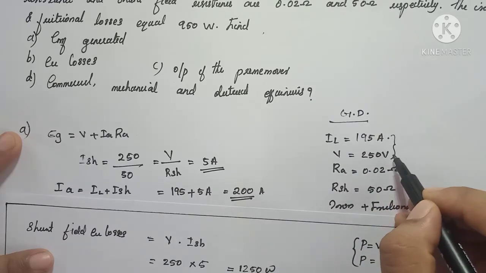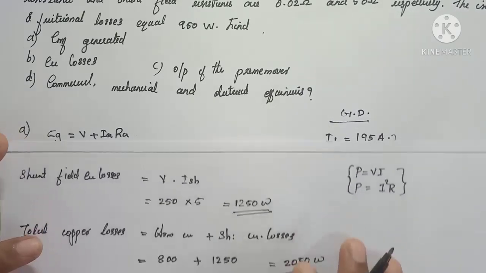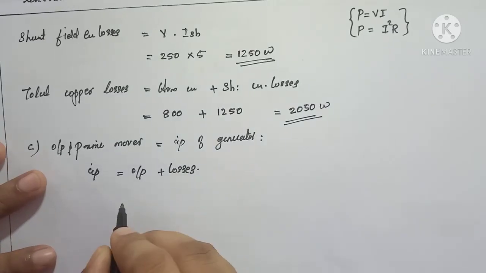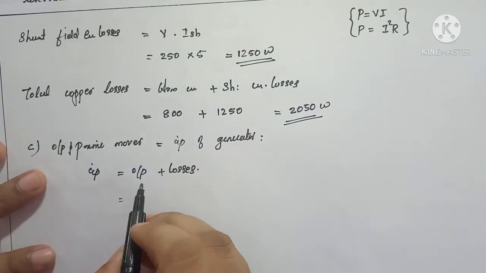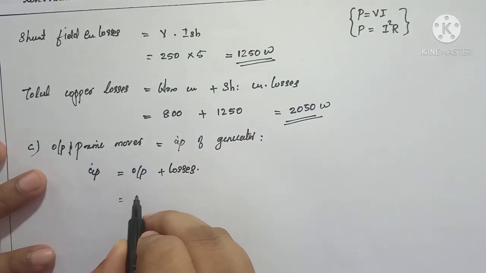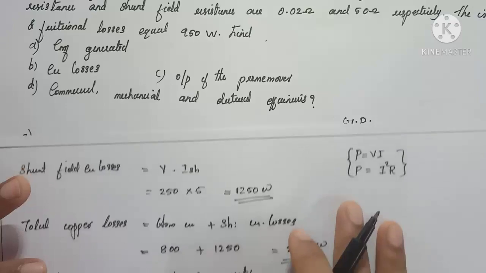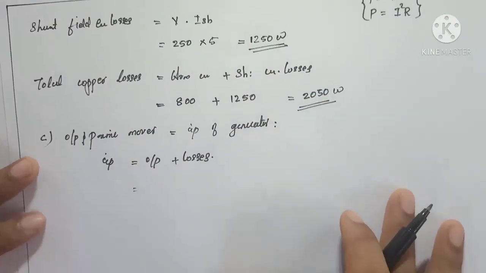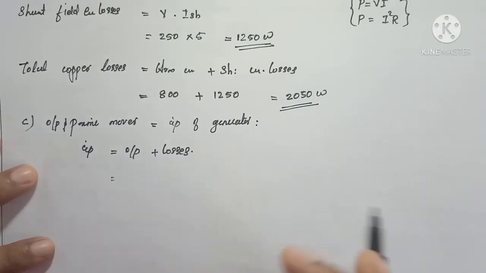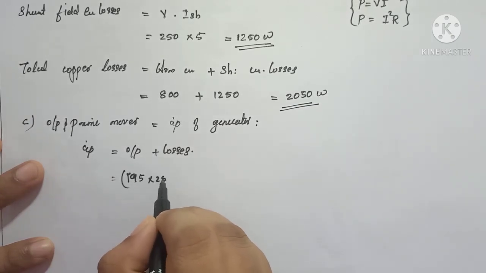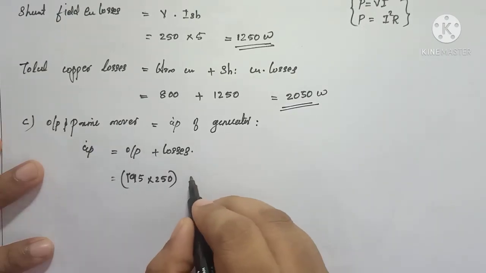By using these two we can calculate output. So output is equal to 195 into 250.